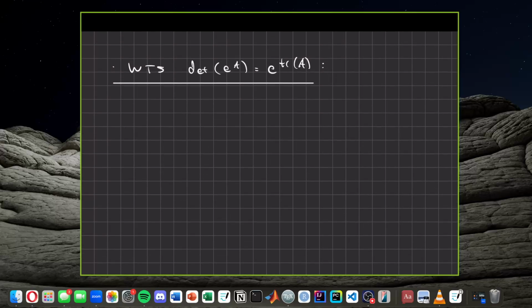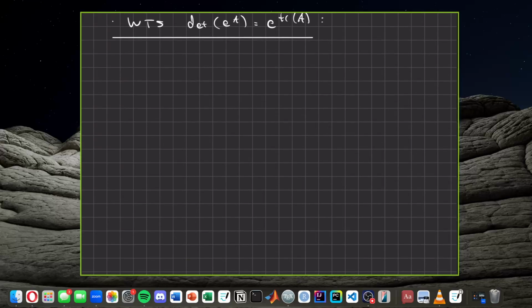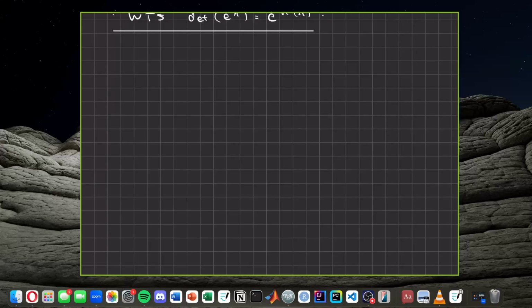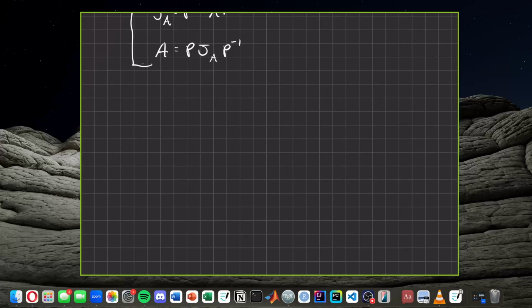And because the exponential is well defined, we can use power series. So let's recall that, well, first of all, we have our Jordan form. We've shown the existence. J sub A is P inverse A P, or A is P J sub A P inverse by some rearrangement. So this is our existence that we're using.